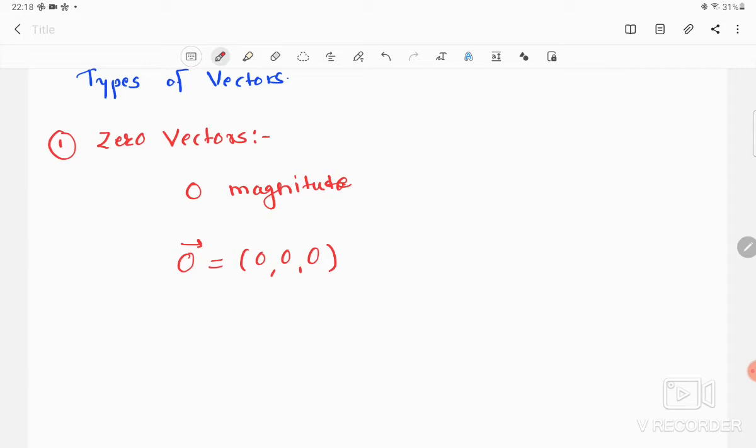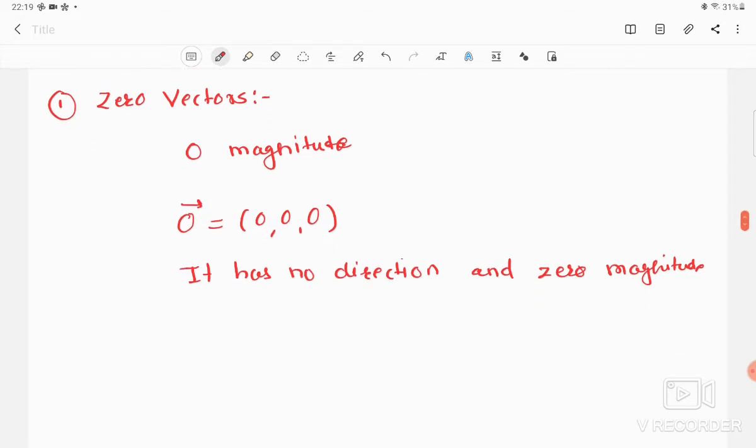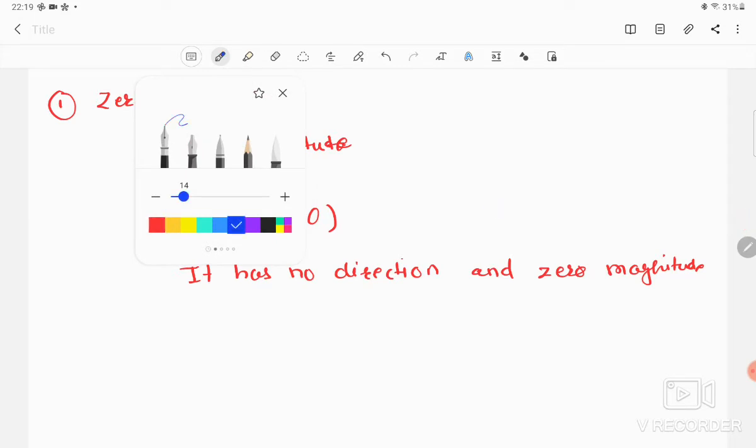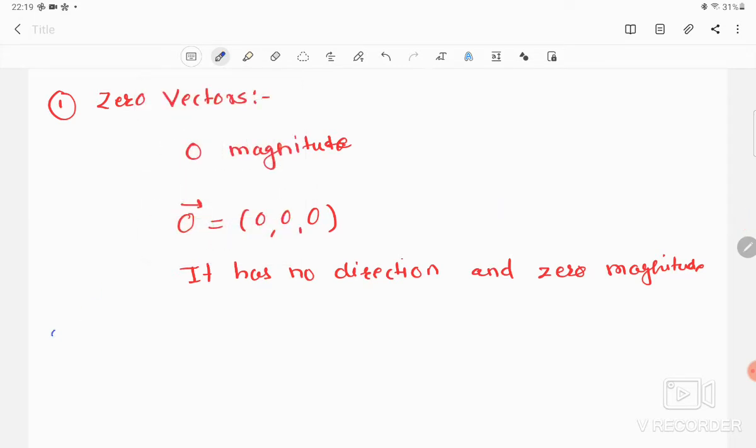Since it is a zero vector, it has no direction and zero magnitude, and it is actually the additive identity of vectors. Okay, so the next type of vector is the unit vector.